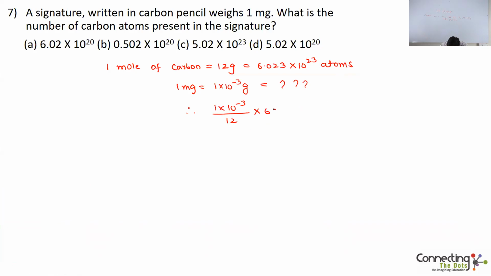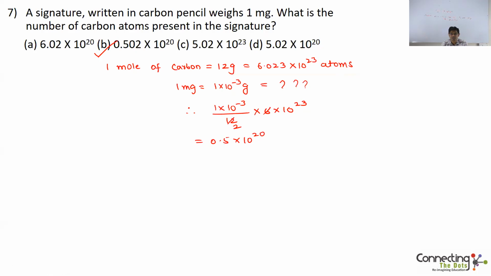So it will be 6 times 10 power 23. 6 2s are 12. Then 1 by 2 is nothing but 0.5 times 10 power 20, because 23 minus 3 will be 20. So let us look at if we have an option. Yeah, you have an option 0.502 times 10 power 20. So B will be the answer. So that's how we solve these kind of questions.